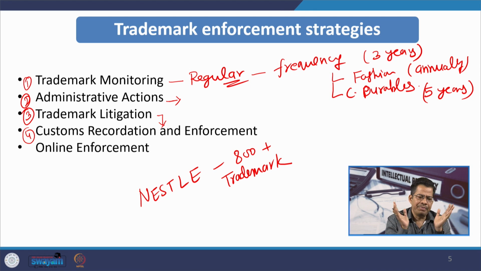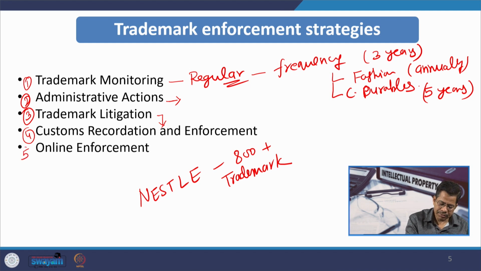So, across the globe there is a problem of copying your trademark. There will be first copy, second copy of your products, and therefore, the customs department plays a very important role if illegal products are being exported, imported in your country. So, that is also a part of your trademark enforcement strategy.